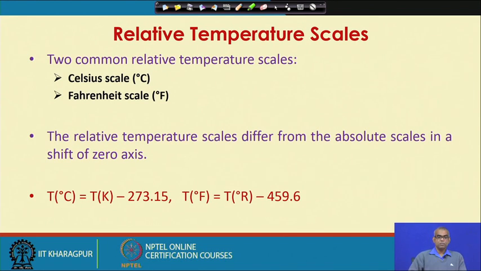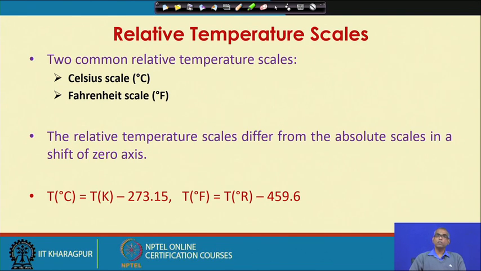Relative temperature scales: two common relative temperature scales are the Celsius scale and the Fahrenheit scale. The relative scales differ from the absolute scales in a shift of the 0 axis. So, the Celsius scale and Fahrenheit scale do not give 0 temperature to the material with 0 thermal energy.